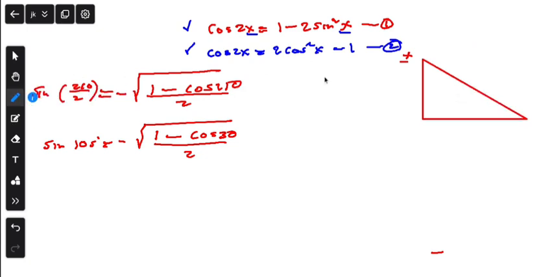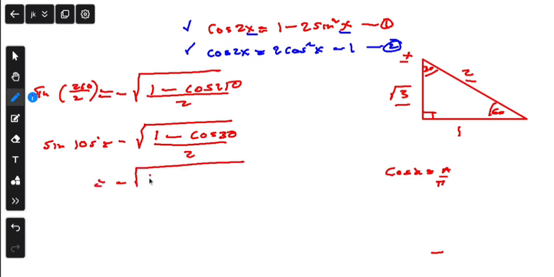Alright, so here we are going to have a 30, then here we are going to have a 60, this is 90, here we are going to have a 2, here we are going to have a 1, then here we are going to have a root of 3. So we need to say that cos x is equal to adjacent divided by hypotenuse. This is 30, so the adjacent is this one, the hypotenuse is this one. So that is what we are going to have.